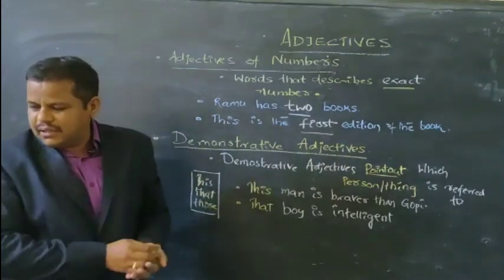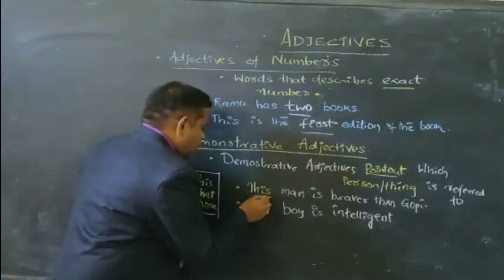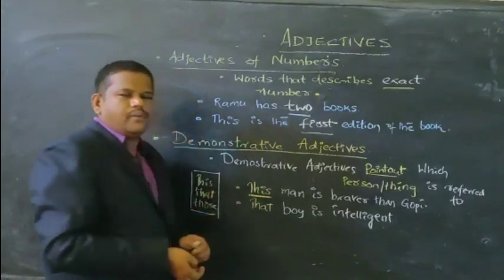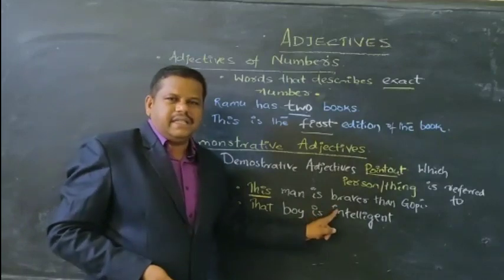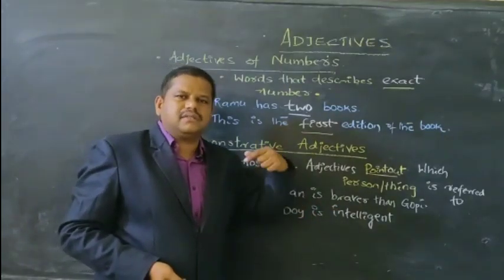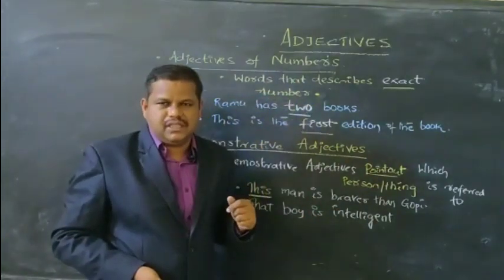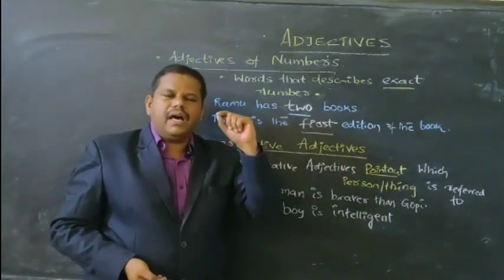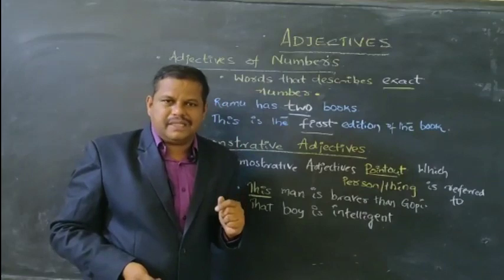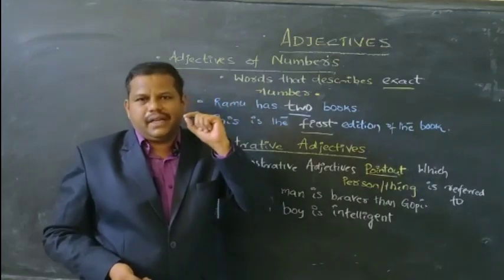In this one, which one is the demonstrative adjective here? This is the demonstrative adjective. See, another example. That boy is intelligent. In the class, the teacher is finding out that boy is very intelligent, right? When the teacher is pointing out a particular person, pointing out is very important here.